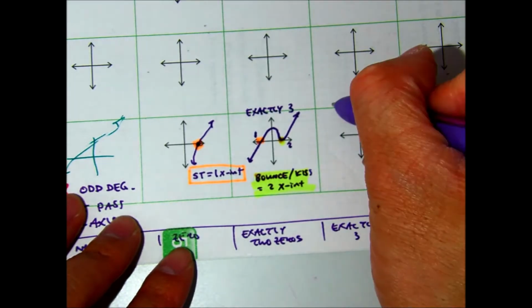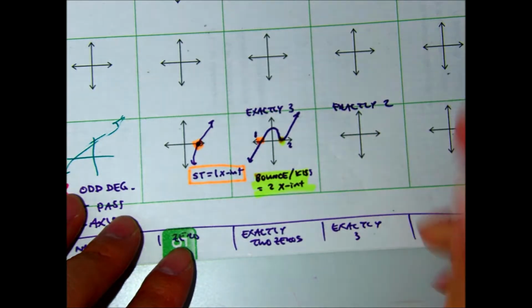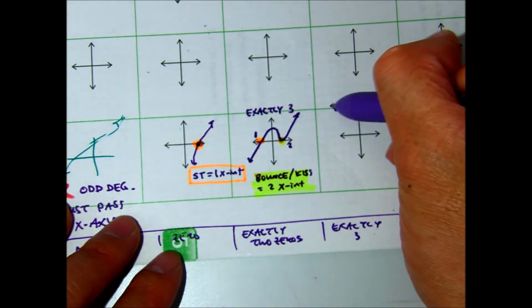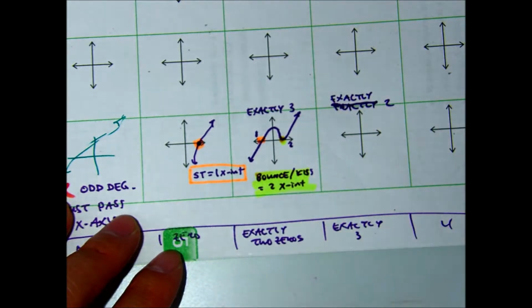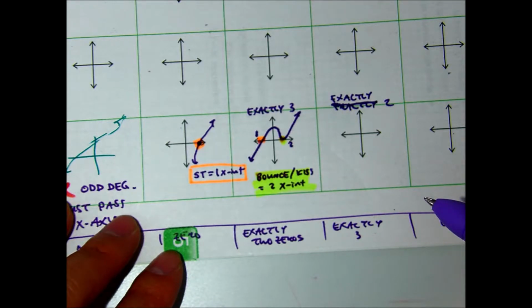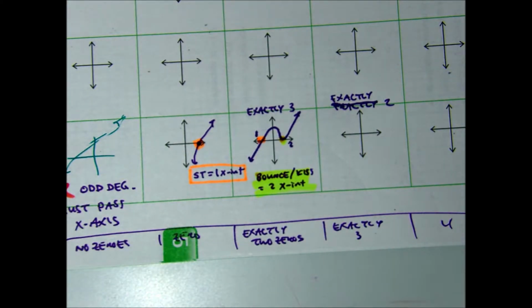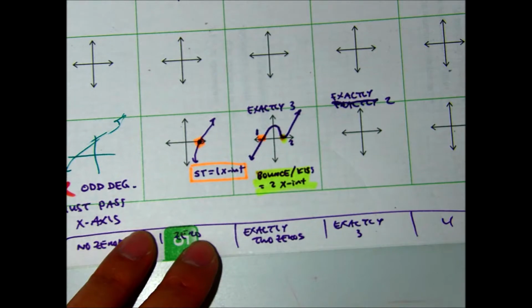So if I want to do exactly 2... How would I get one with exactly 2?